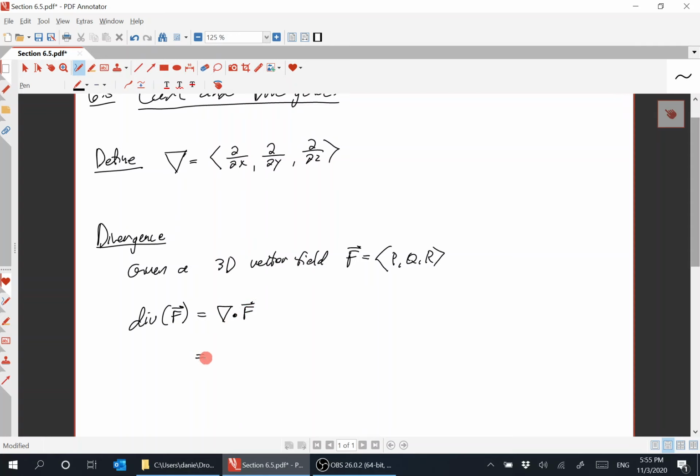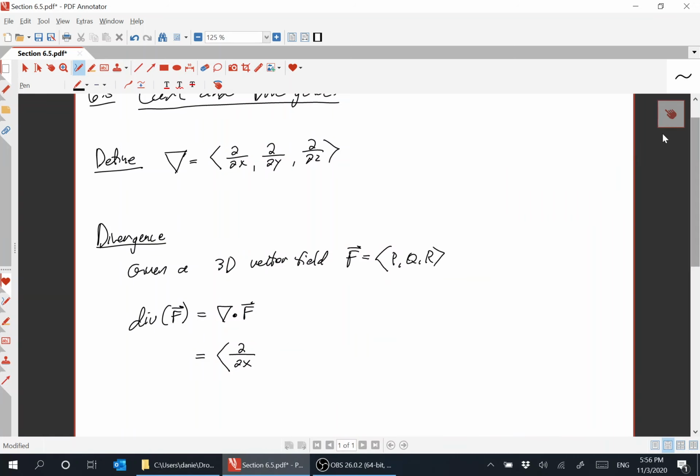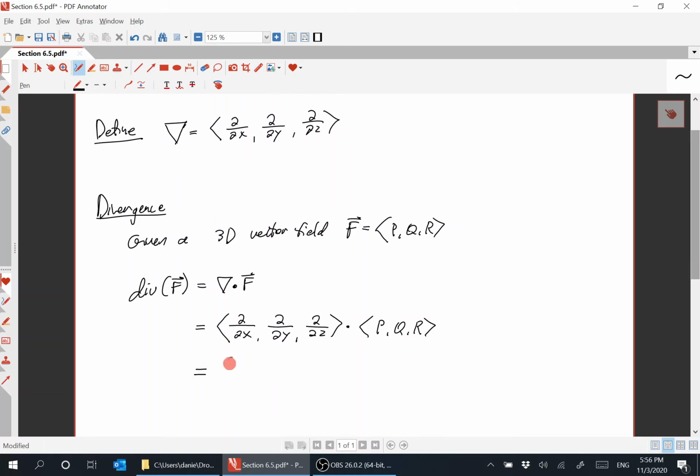So that is partial with respect to x, partial with respect to y, partial with respect to z, dot P, Q, R, which in the end becomes what?